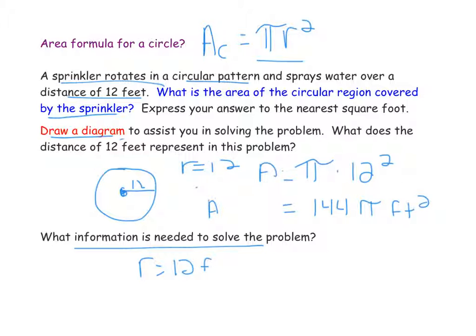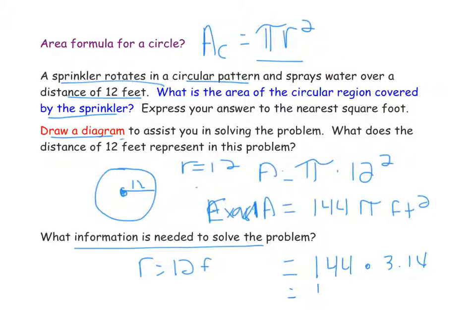So this is the exact area. I hope you can read that, exact. But if we wanted an approximation, so it made more sense to our heads, we might use 144 times the pi button, or times 3.14. I'll use 3.14.